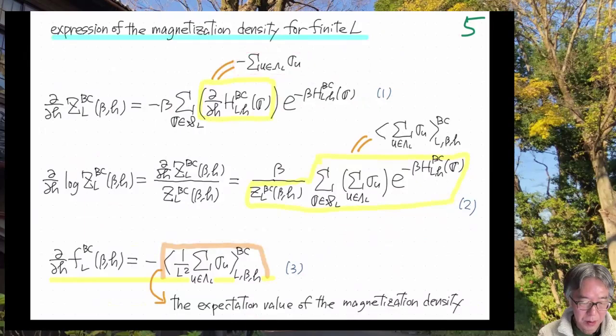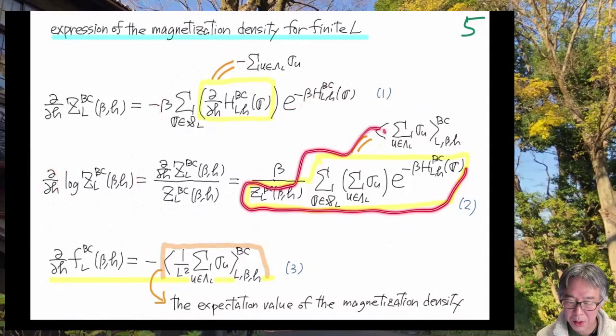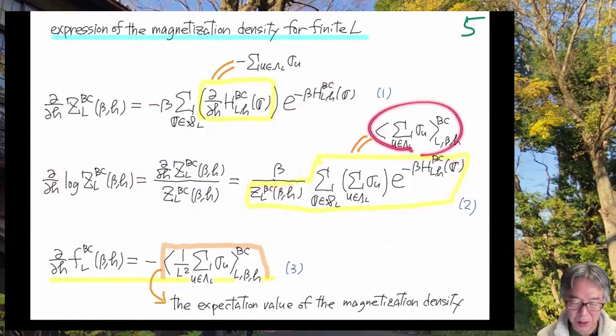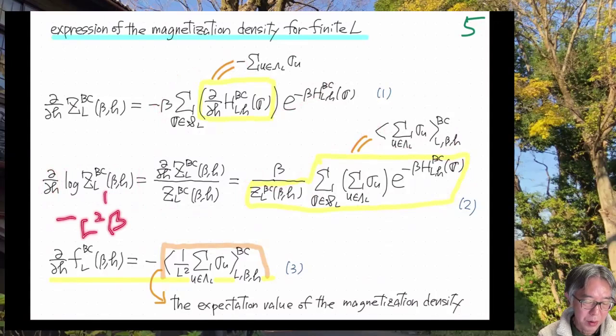So if you consider the derivative of log of Z, then you get this. You just plug this in here. You have two minus signs, so you don't have any minus sign, and you get this. Now it's clear that this is the definition of the expectation value. So now this is log Z. If you put a minus sign and divide this by L squared times beta, you get the free energy density.